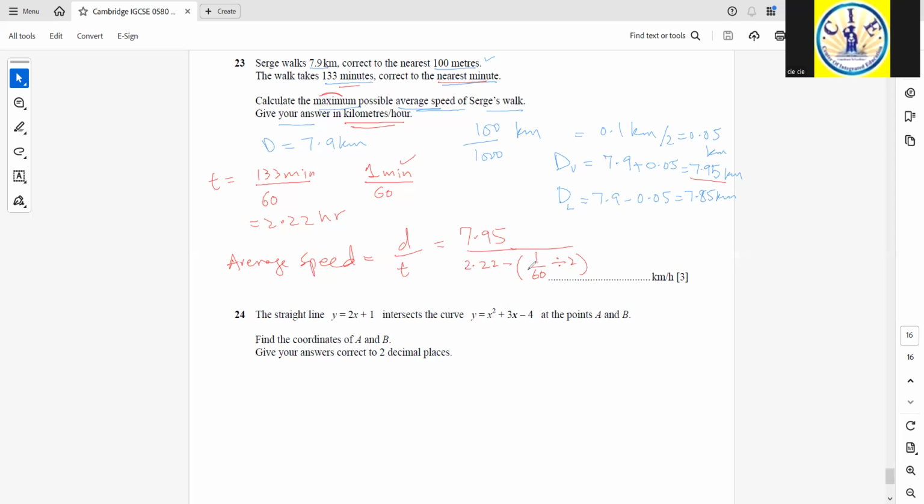So 2.22 minus this value gives the lower bound of the time, and that would give me an answer of 3.594574 using the calculator, and that is approximately equal to 3.6 kilometers per hour. That is the answer to question number 23.